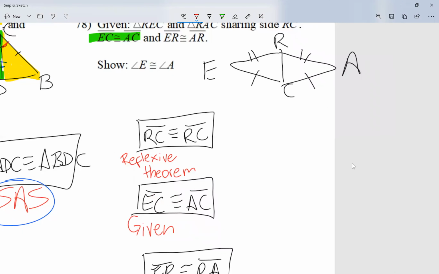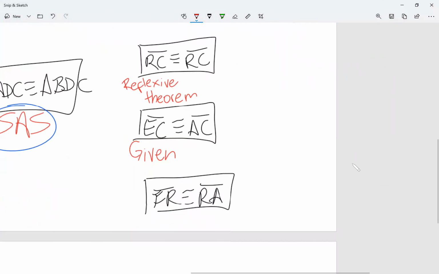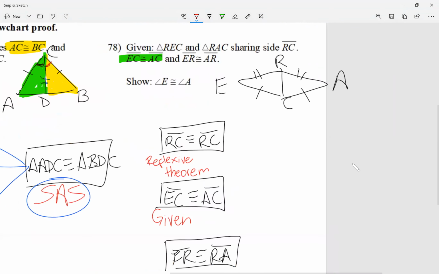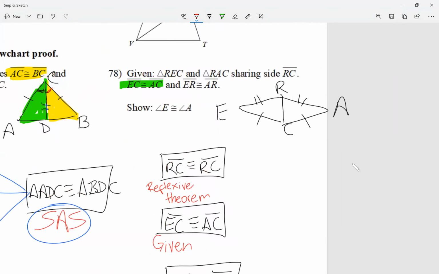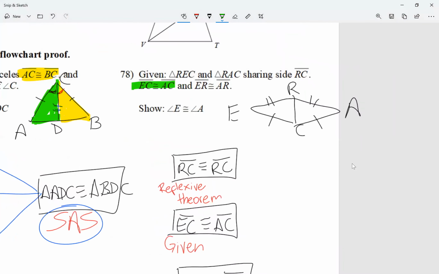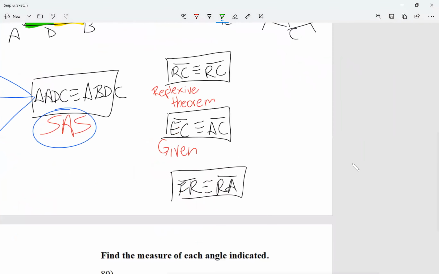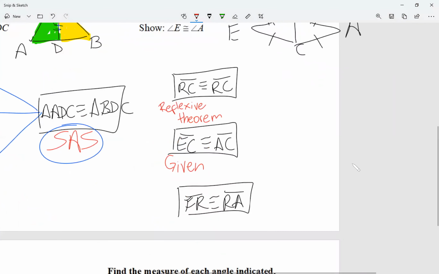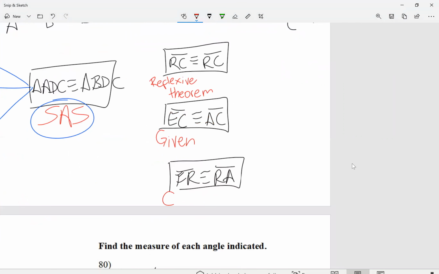Okay, let's take a look at my last statement here. ER, that's an E. ER is congruent to RA. I think I've seen that before. So I'm gonna say this is also given. And interesting, these things are going to connect into one statement.